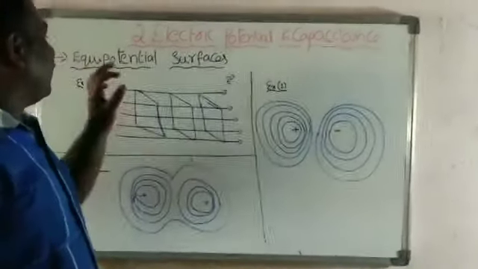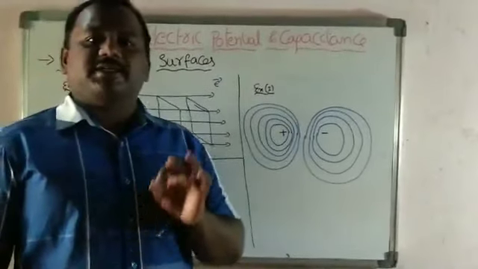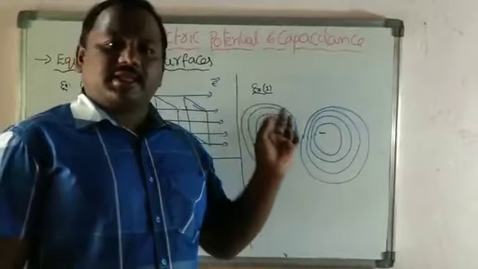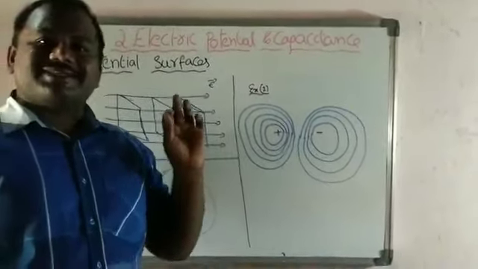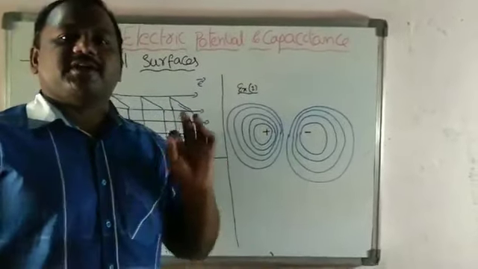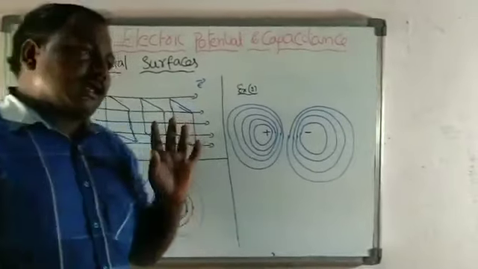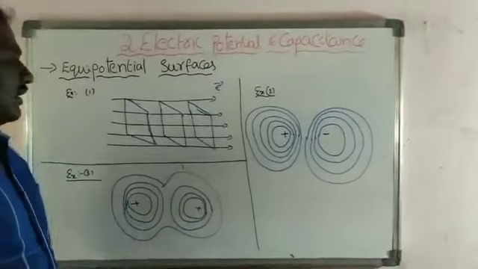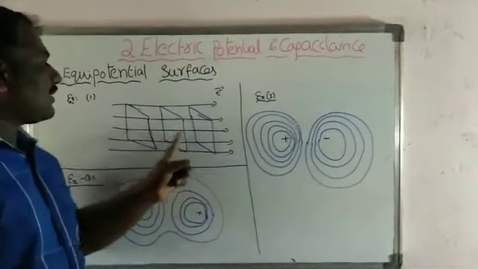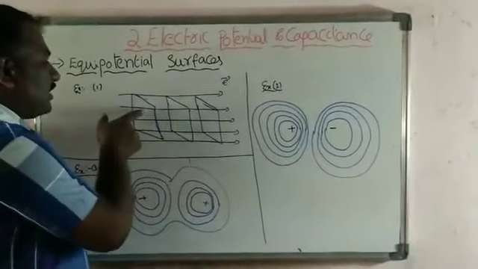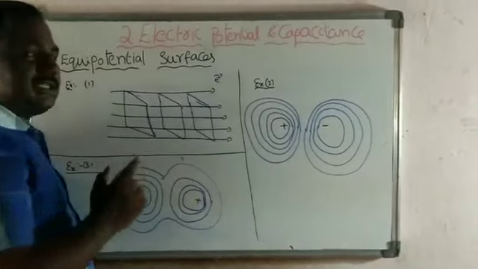Okay. See, what is an equipotential surface? Equipotential surfaces are surfaces where the potential is the same at each and every point. Some examples of equipotential surfaces: when we take an electric field, in the electric field we place parallel surfaces, then at any point on this surface the potential is the same.